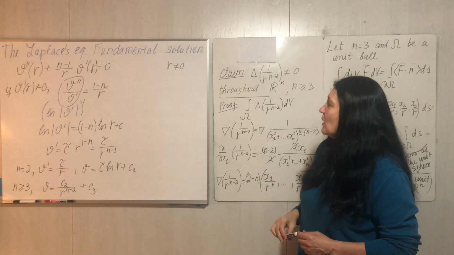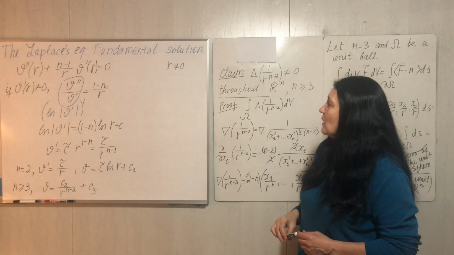We can guess what the cause is. The cause is the point 0. To show that this is not equal to 0, we can integrate this, taking some subregion that includes 0.